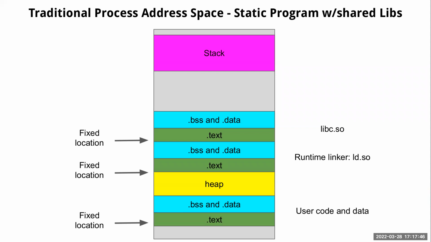For example, there are two processes running the same program. Both of them are dynamically linked with libc. Physically, there is only one copy of the C library, libc, in your main memory. But each of those two programs has its own address space, its own 4 GB address space in the 32-bit version.